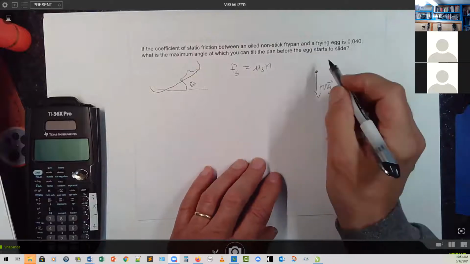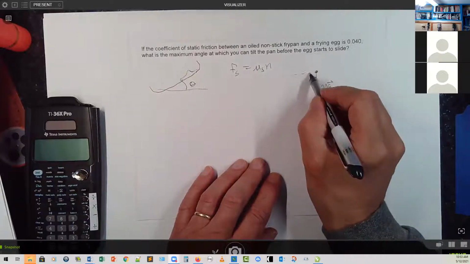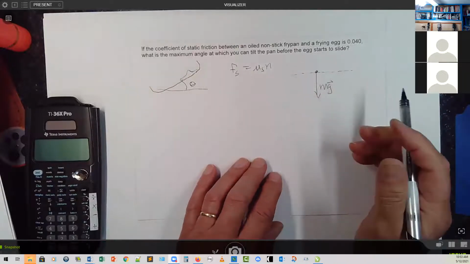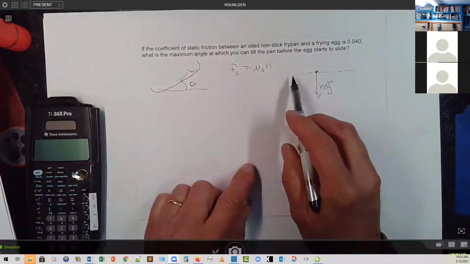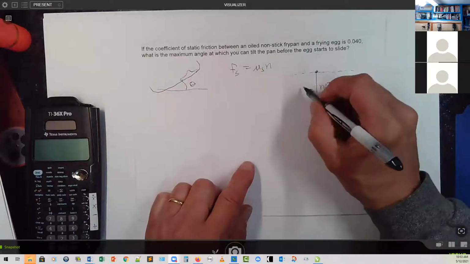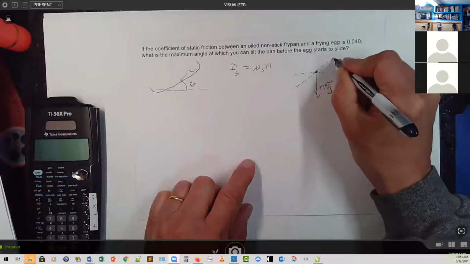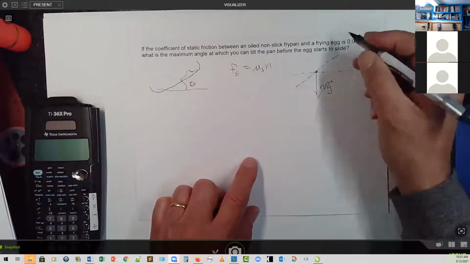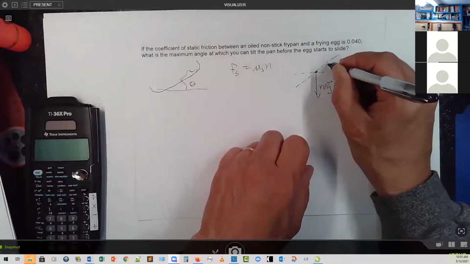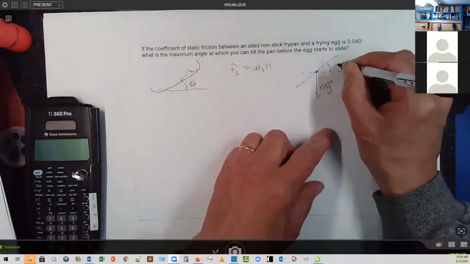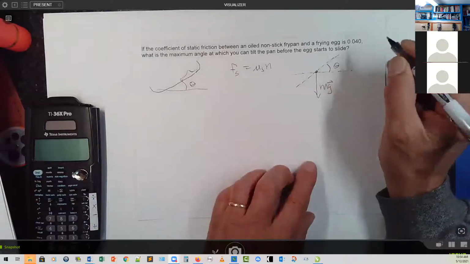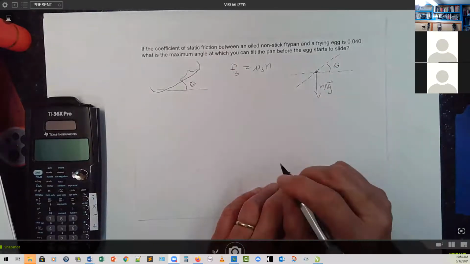And then something I do on free body diagrams is when I've got a tilted surface, I'll draw a dashed horizontal line, and then I'll draw a dashed line that represents the tilt of the surface, and I've exaggerated it again. That'll be the tilt of the fry pan, and that's the thing that we're actually after.